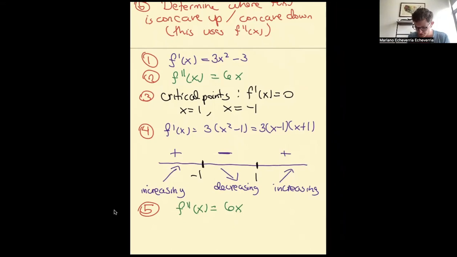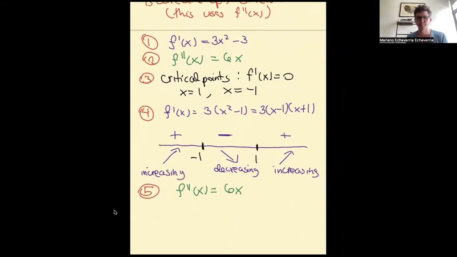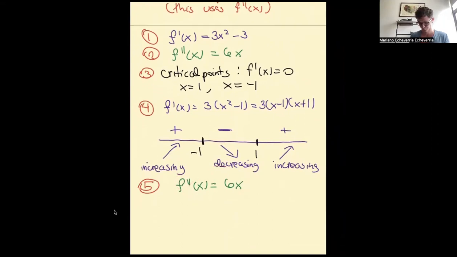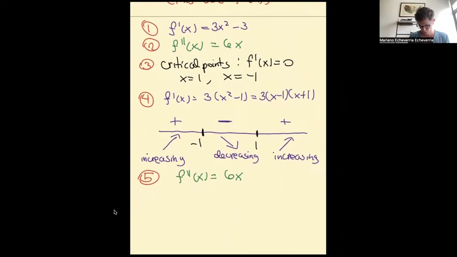For what values of x is the second derivative positive, and for what values of x is it negative? So what's the thing that decides positivity or negativity here?